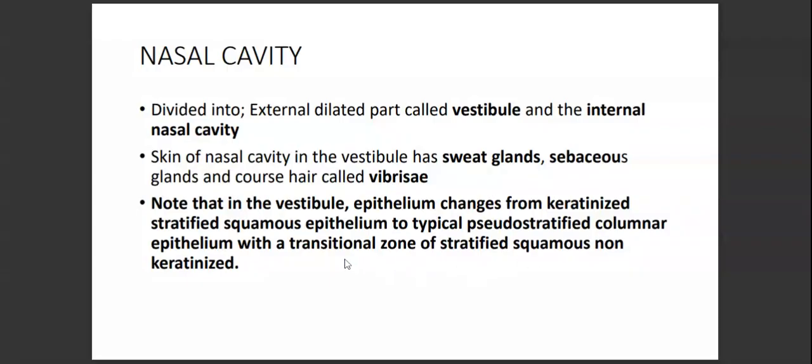So in between, in the transitional zone, we find the stratified squamous epithelium, which is non-keratinized. So we're moving from stratified squamous keratinized, to stratified squamous non-keratinized, then to pseudostratified. That happens in the vestibule of the nose.